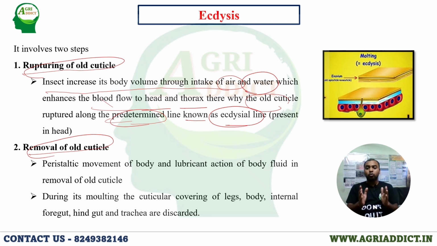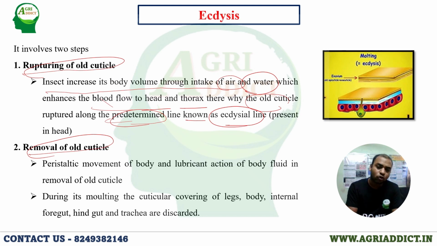I have told you there is a need for space to accommodate the newly synthesized cells, increased cell size, enzymes, protein, etc. So to increase the size of the body, the insect will intake air and water. Due to this, the blood flow will be much more towards the head region.